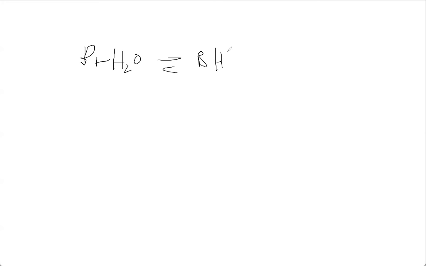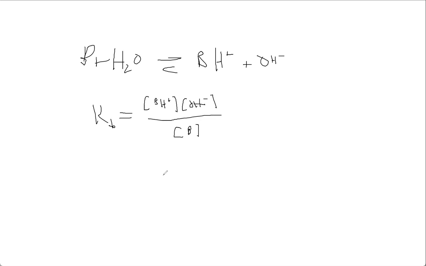All right, so just like he was saying, now you're solving for the OH minus or the pOH. If we set up the expression for Kb, it's equal to the concentration of your conjugate acid times OH minus over the concentration of B. That's just the simple Kb expression.